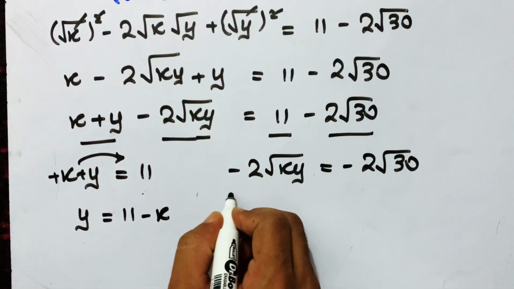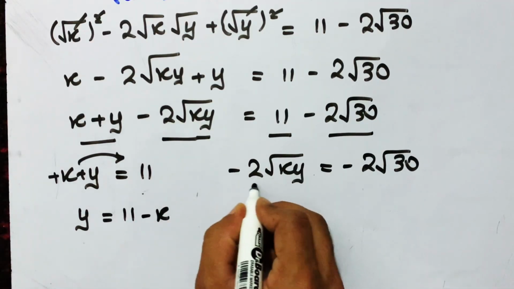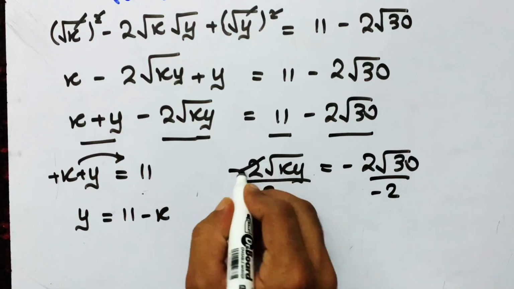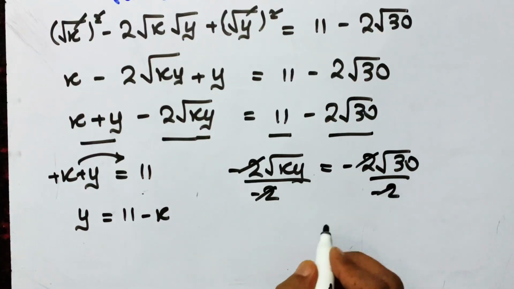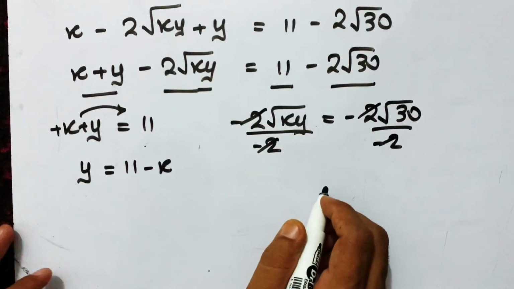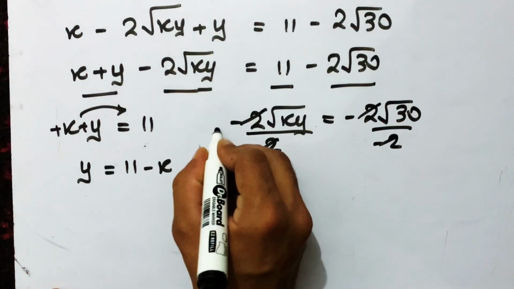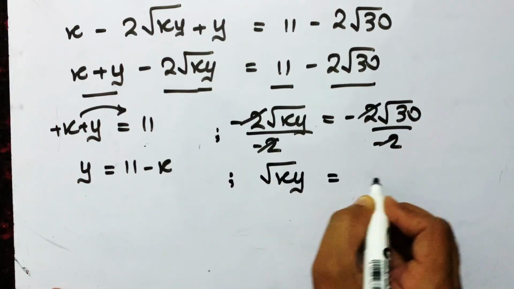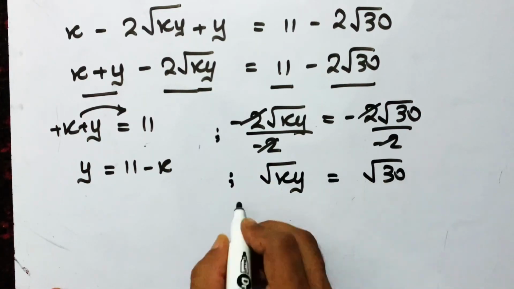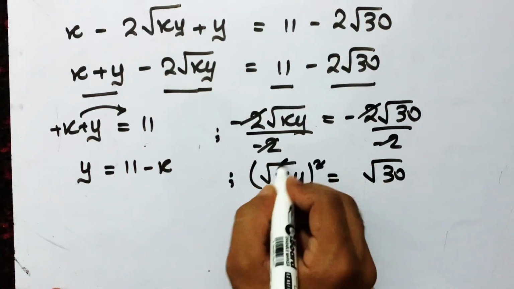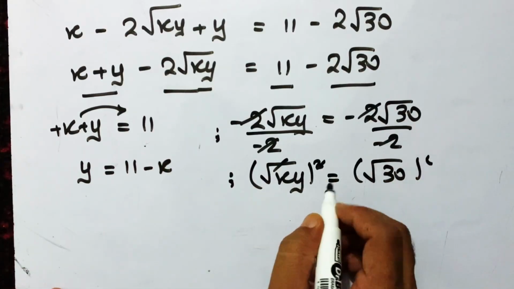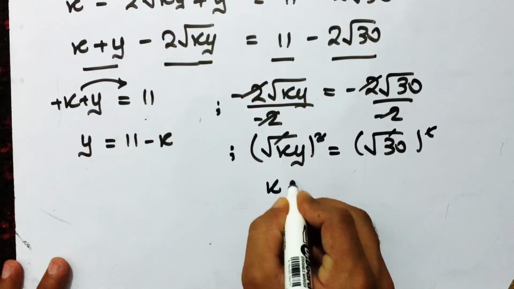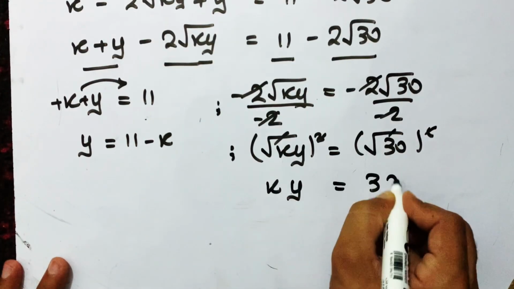Now if I divide by minus 2 on both sides, the minus 2 cancels out, and the final result is that the square root of xy is equal to the square root of 30. Squaring both sides, the square roots cancel, so the remainder is xy equal to 30. As we know, y is equal to 11 minus x, so putting it here, x times 11 minus x is equal to 30.